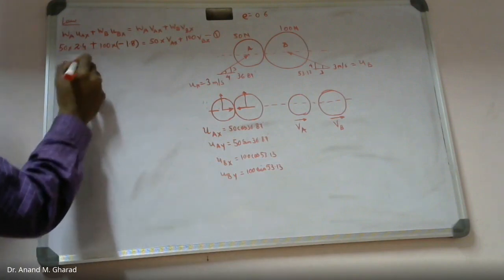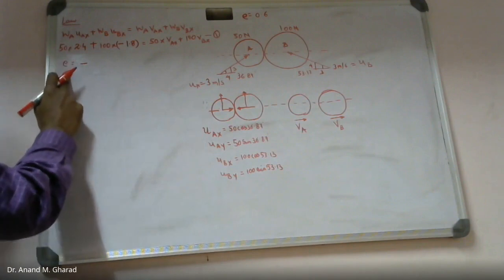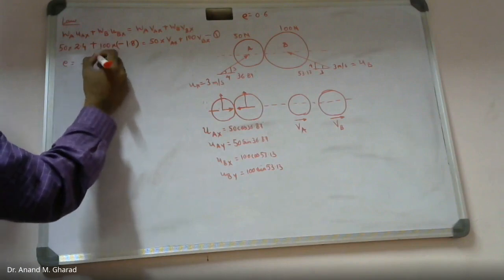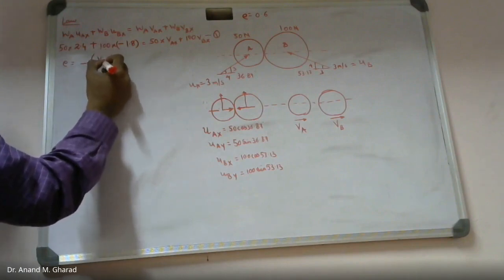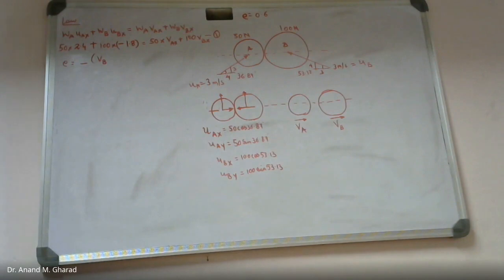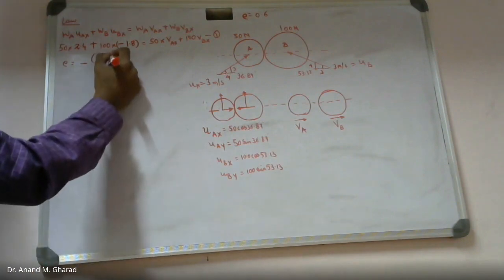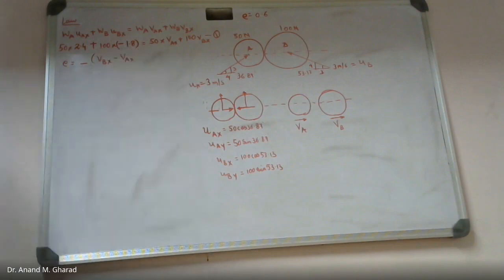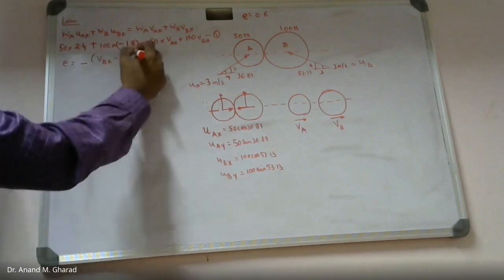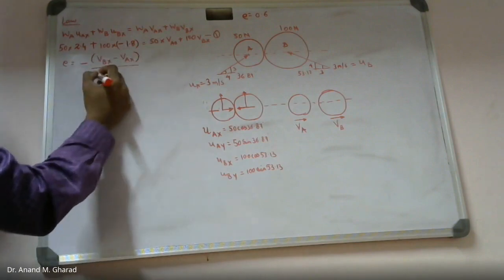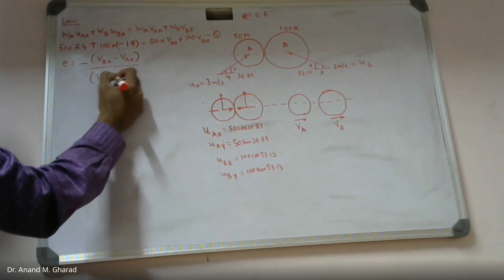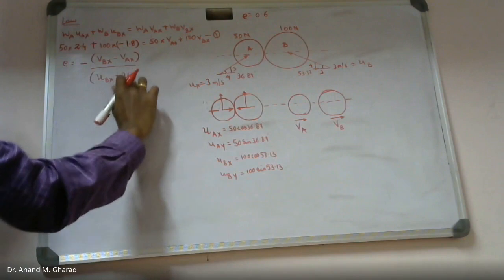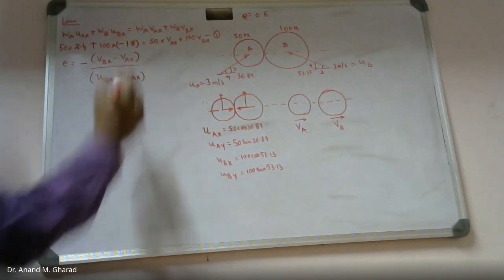And as you know, the equation associated to the small e value, if such is the condition, for that, this will be VB, the final velocity in the x direction, minus the final velocity of disk A, again in the x direction, divided by the initial velocity of disk B in the x direction minus the initial velocity of disk A in the x direction.